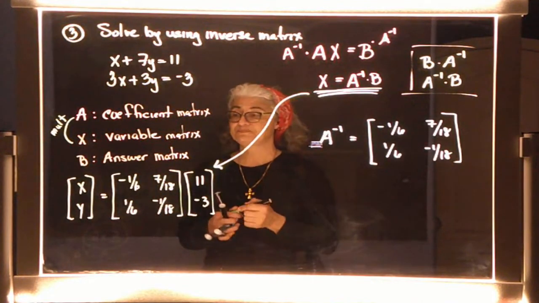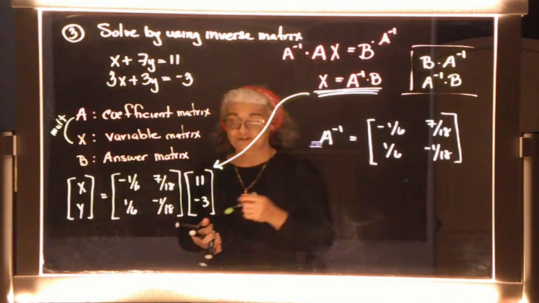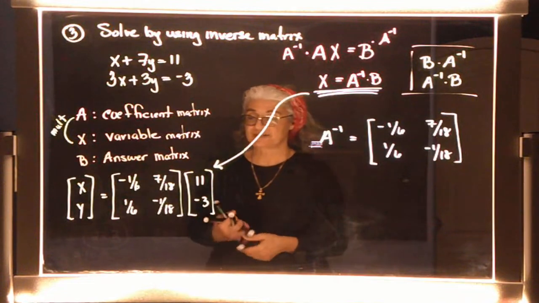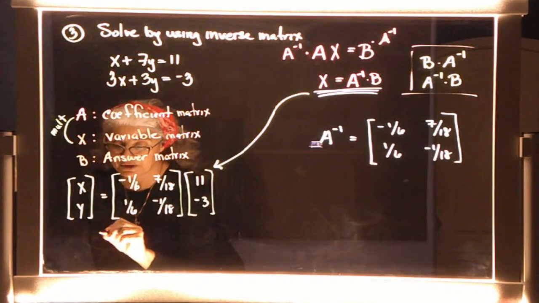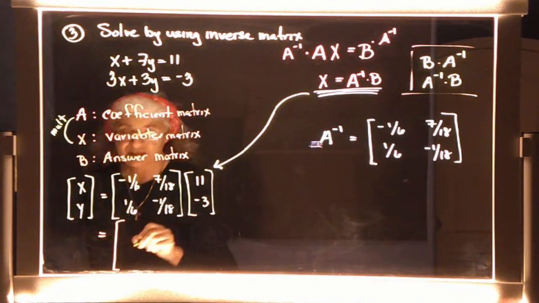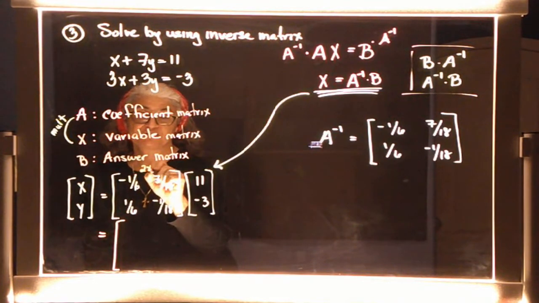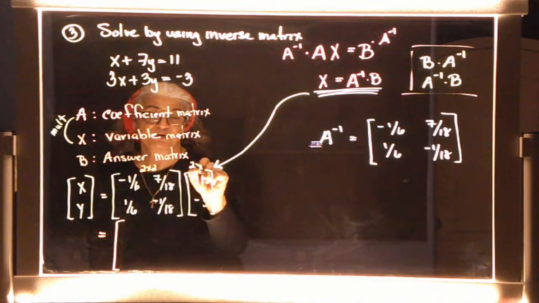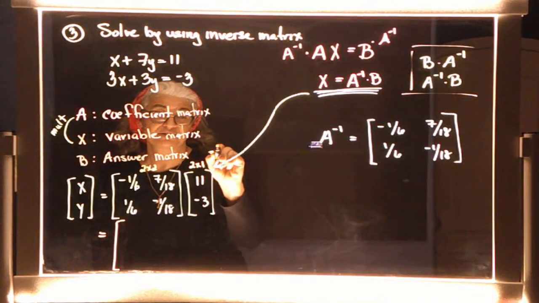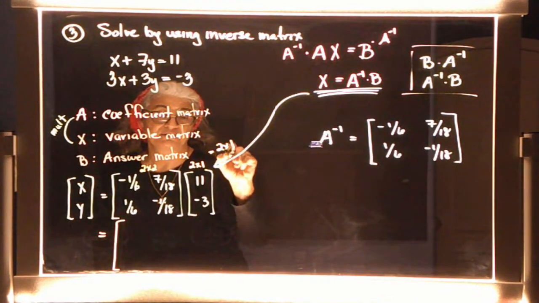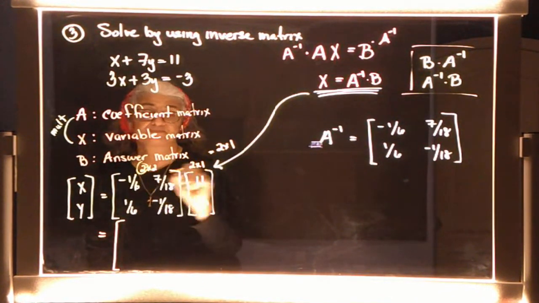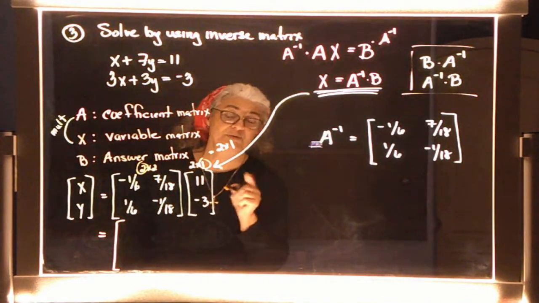Right? Okay, so we have to multiply these two matrices over here. So let's see if we're going to be in agreement on how we multiply it. So remember, this is a 2 by 2. This is a 2 by 1. My answer is going to be a 2 by 1, isn't it? So let's see what we get.